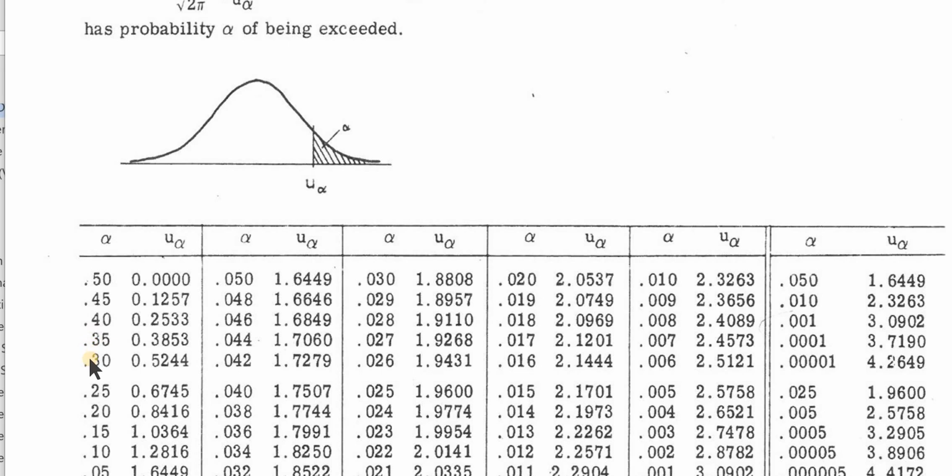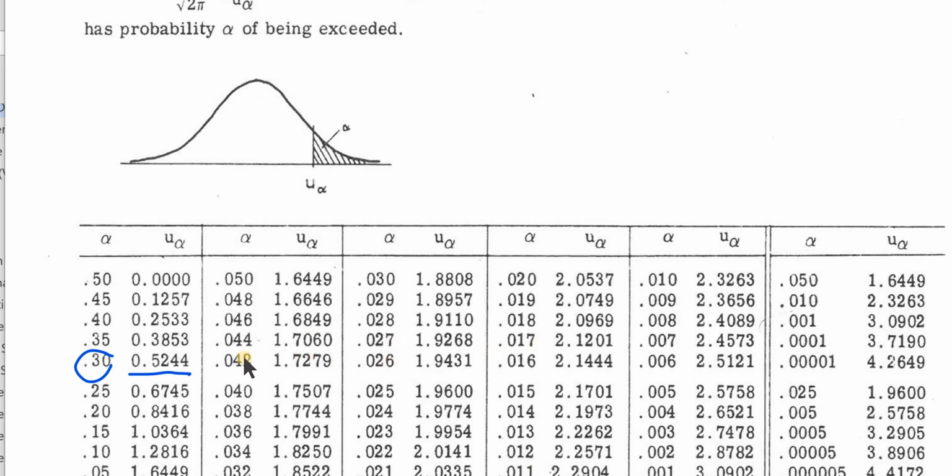For example, here is alpha 0.03, and here is the z value. So it is similar, and you can check or compare if you want to. But it is easier to find the z value this way, as inside here is the z value.